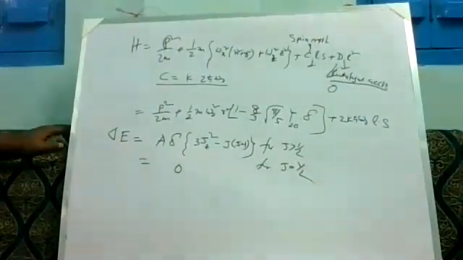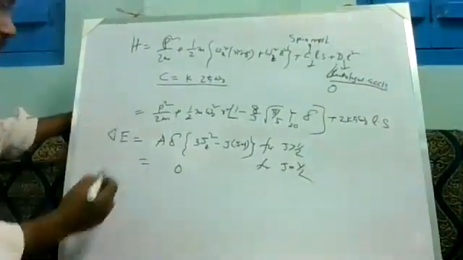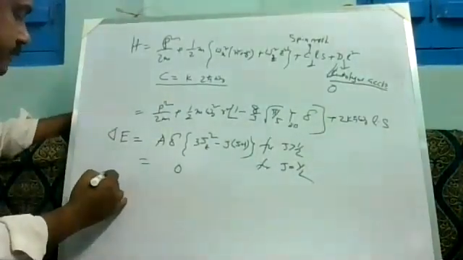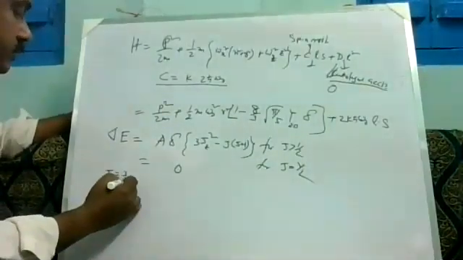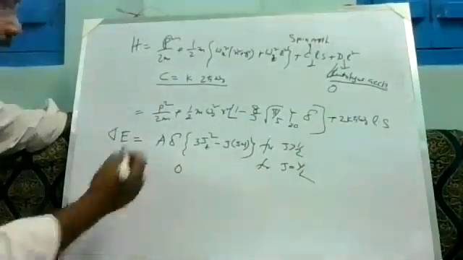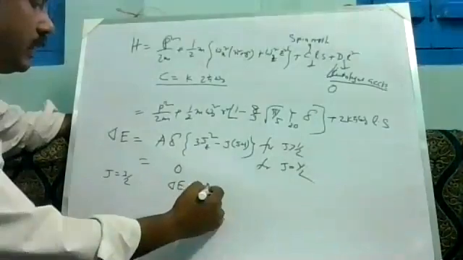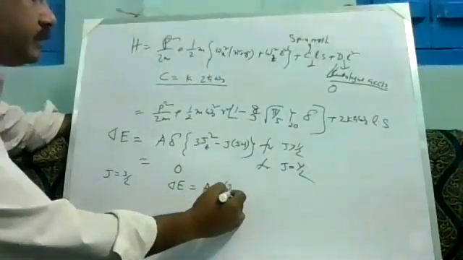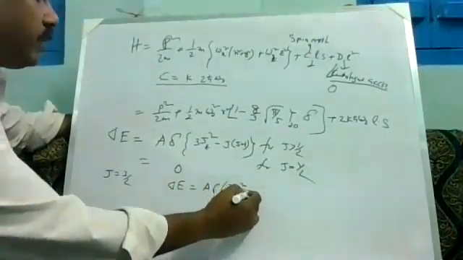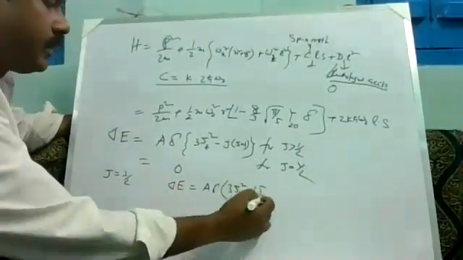For example, let j equal 3 by 2. Then delta E would be A delta into 3 jz square minus 15 by 4.